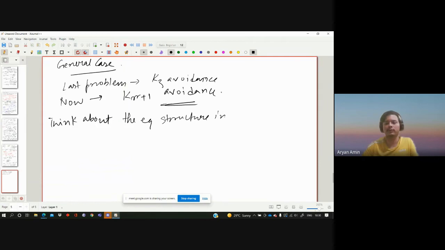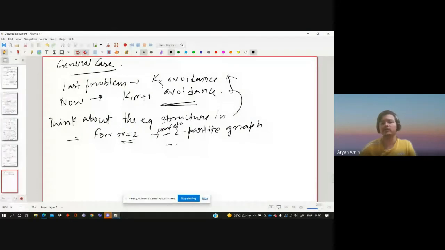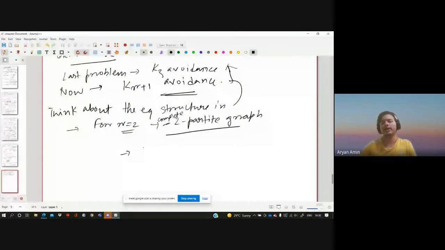This was for r equals 2, K3 avoidance. We had a complete two-partite graph, and what was special about it was that the partitions had almost equal size.